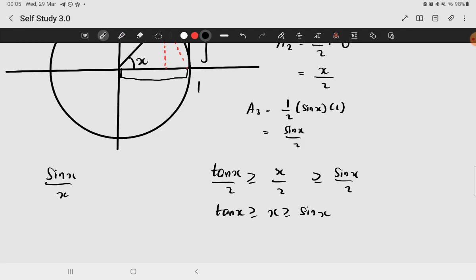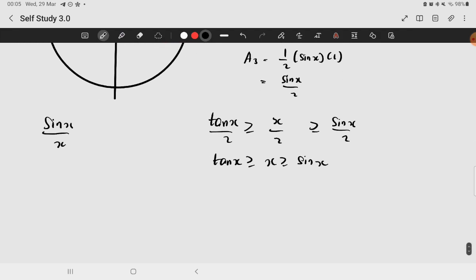So the inequality sign will change. Therefore, I let the domain be that kind of value because it is only on the first quadrant, meaning the value will always be positive. It doesn't affect my inequality here. Therefore, I restrict that domain.